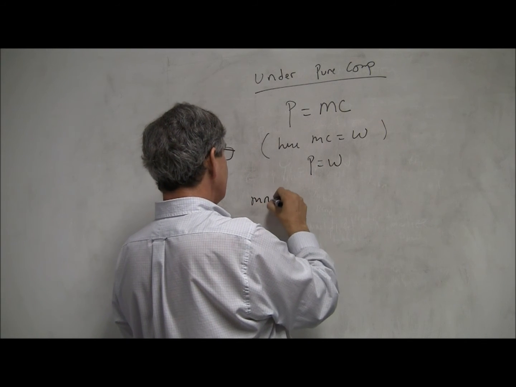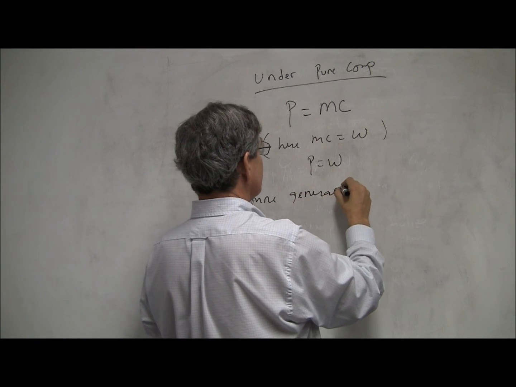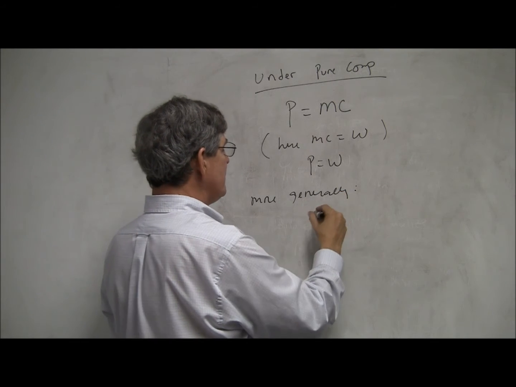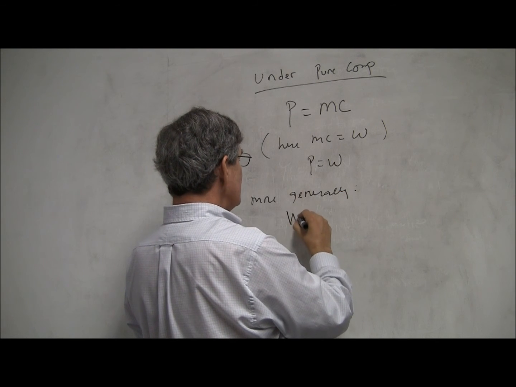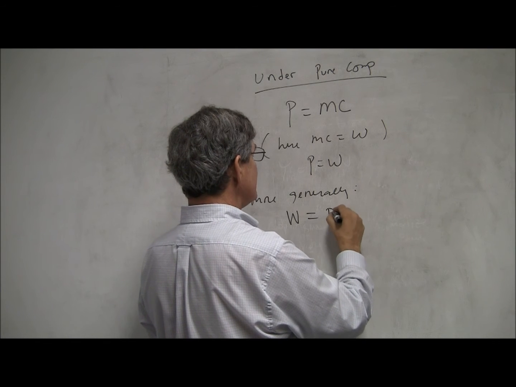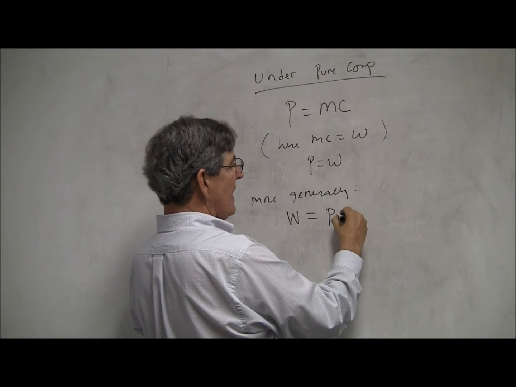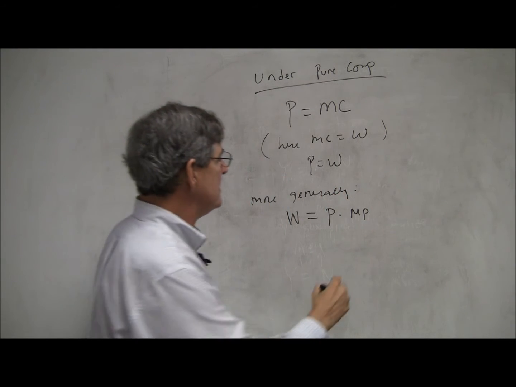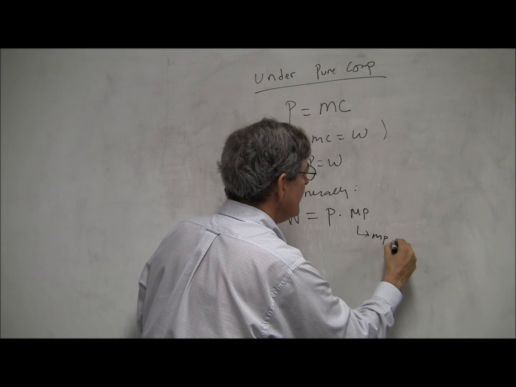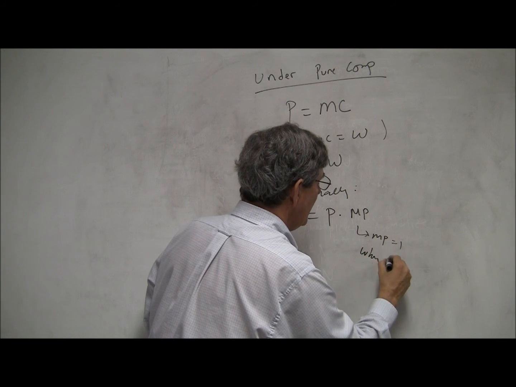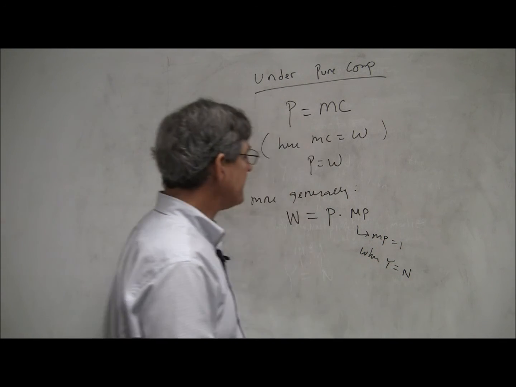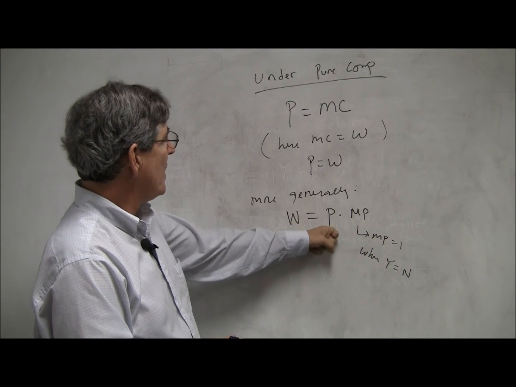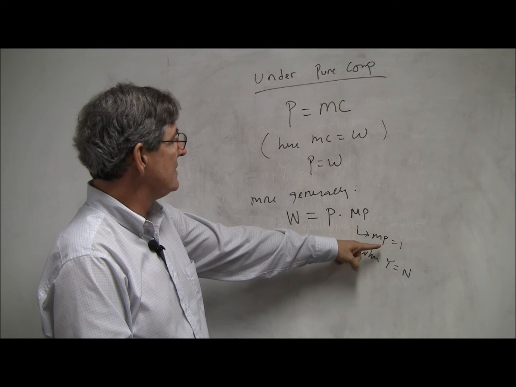More generally, when you took micro, you probably said W equals price times marginal product. But for the production function that I've used, marginal product equals 1 when Y equals N. So in the simple model we're looking at, wage and price would be the same because the marginal product is 1.